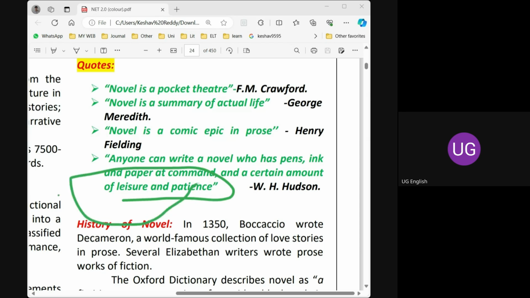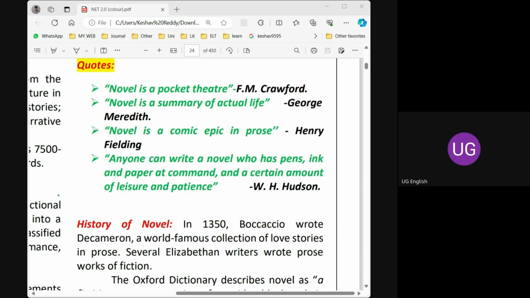And especially she said a woman can write a novel if she has $500, that is some financial independence. Otherwise we can say some amount of money, $500 per annum, as well as a room of one's own.